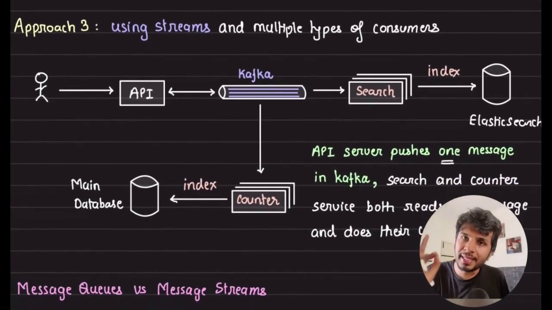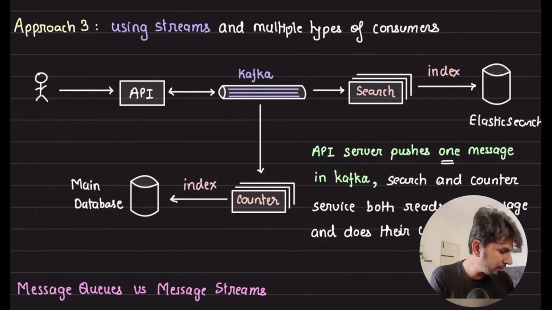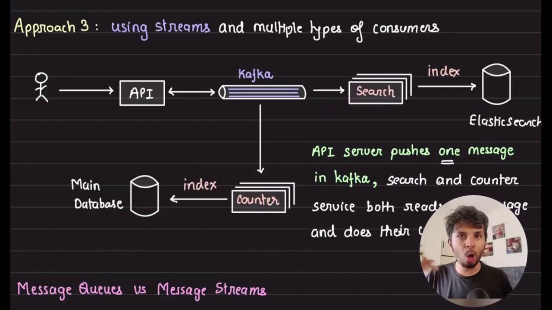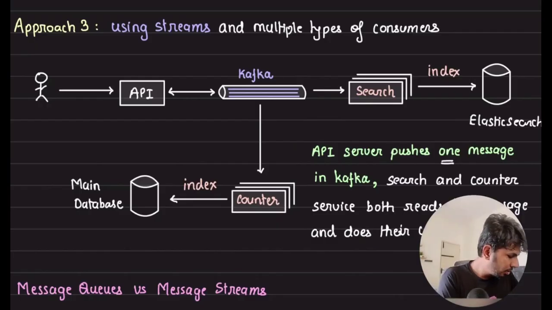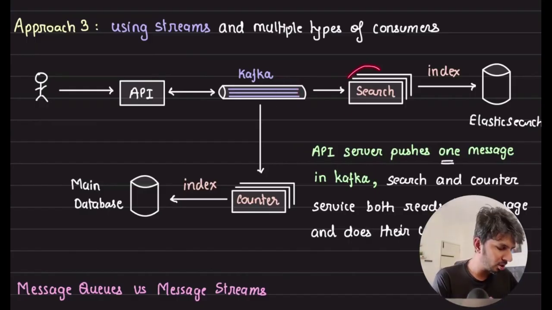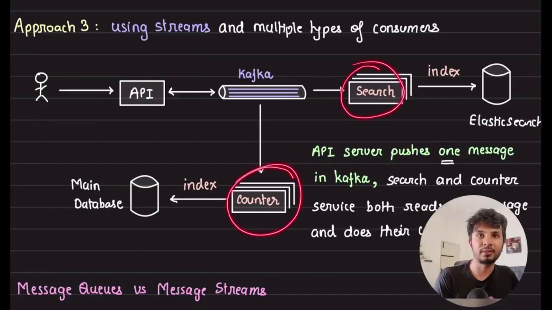Now from this same message stream, I can have two different types of consumers consuming those messages. So for example, a user publishes a blog, the API server puts one event in Kafka, and now this one event is consumed by both search as well as counter.